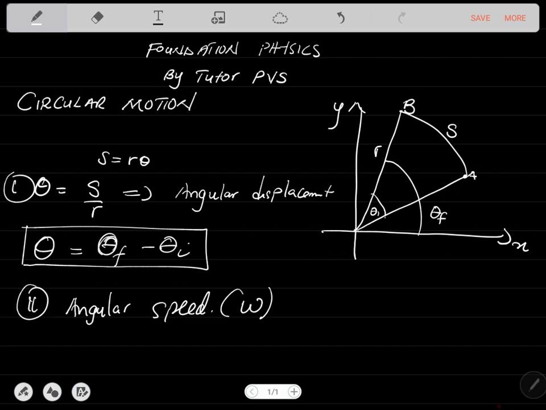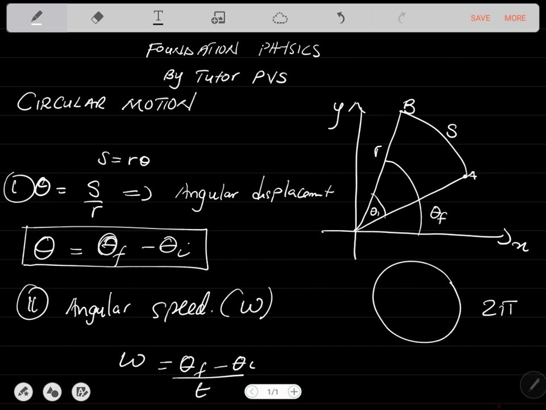Are we together, right? It's just the rate at which the angular displacement changes with time. So the rate of change, okay, with respect to what? Time. Now, we know that as it's circular, you have a circle like this. A complete circle is usually 2 pi, like 360, right?